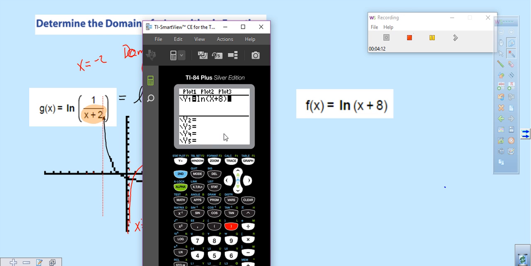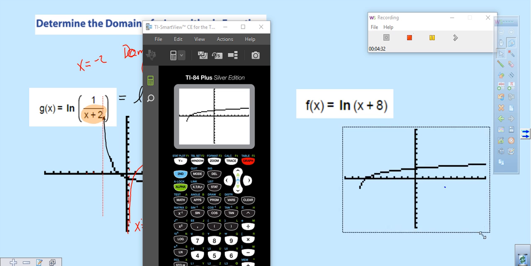On the next one, we type that in, we hit graph, and hopefully what you can see is it's been shifted over 8 times. So we go to our table just to confirm that asymptote thing. So look what happens at negative 8. You can see at negative 8 you've got that asymptote, and so let's go back to the graph, we'll grab this, pull it off, make it a little bit bigger here.